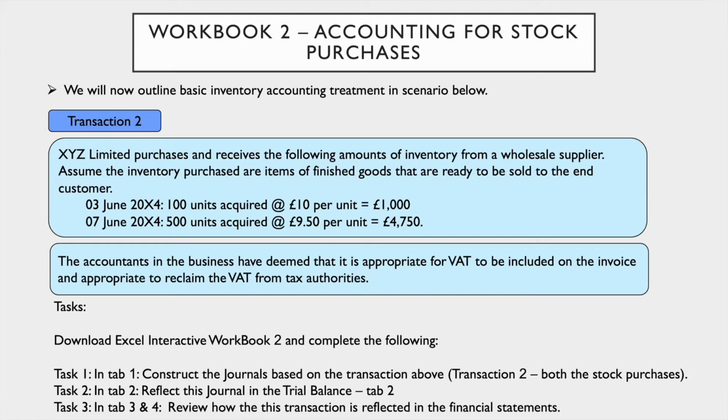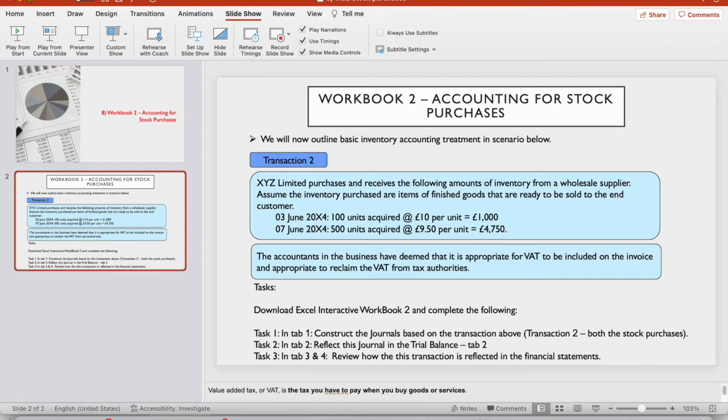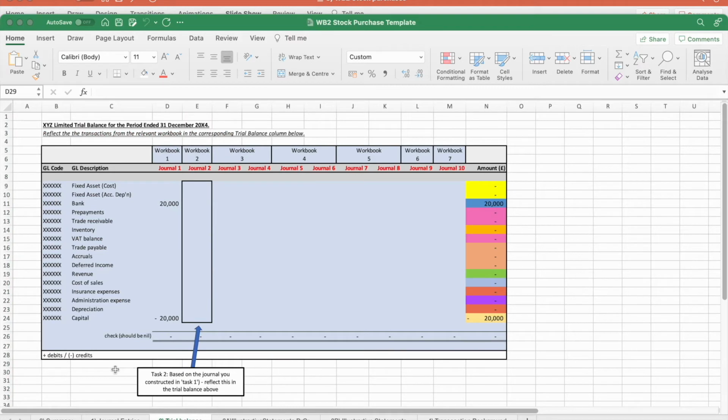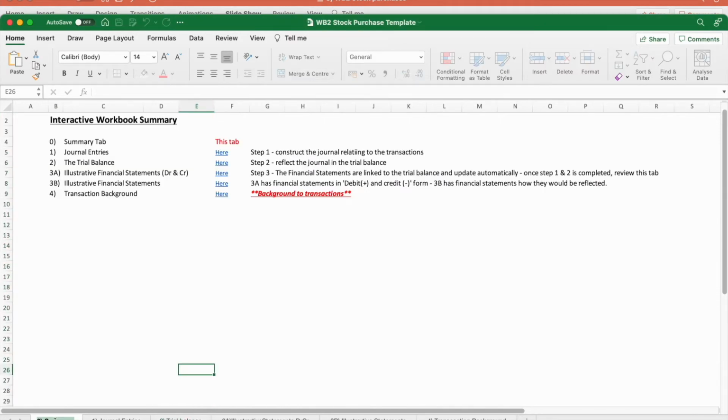And then in tab 3, once you've posted that journal in the trial balance, review how this transaction looks in the financial statements. So you should download Interactive Workbook 2, which is in your resources for this session.